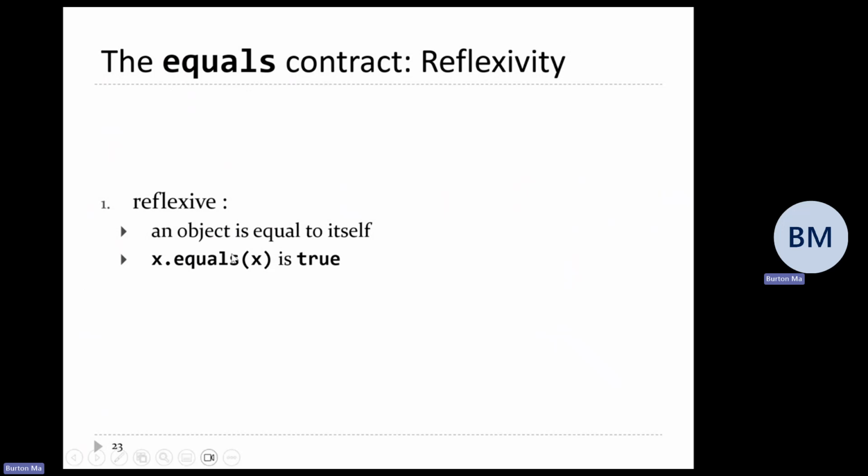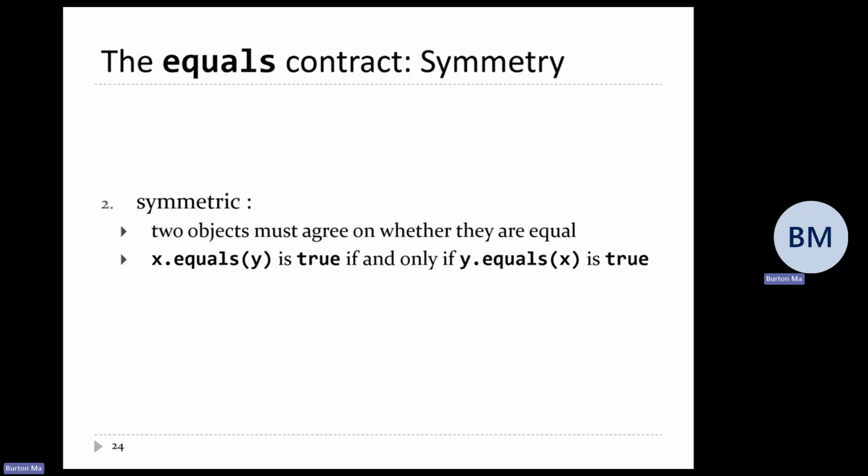In the case of equals, it means an object is equal to itself, so x equals x is always true. Symmetry means if you flip the order of x and y, it doesn't matter. In other words, 2 objects must agree if they are equal. So x equals y is true if and only if y equals x is true. So if x equals y is false, then y equals x is also false.